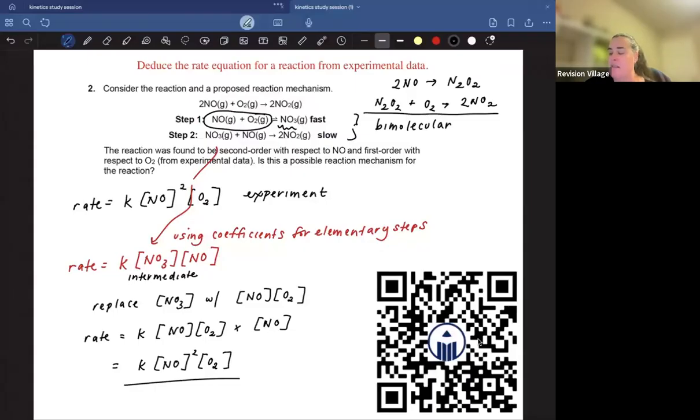It just doesn't matter. It's not going to affect how we approach this calculation. We were just given a mechanism in which the first step was a rapid pre-equilibrium and the second step was slow. This is normally what we see for something like enzymes, it's a common pattern, but I don't think you need to worry about that piece.